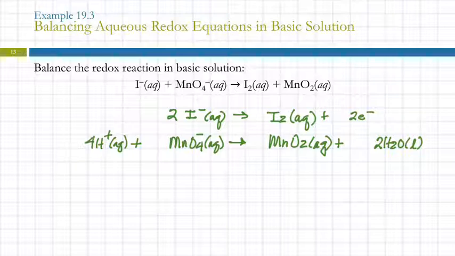So now I've got -2 on both sides. Down here I've got +4 and -1. That's a total of +3. And on the other side it's 0. How do I get a +3 to be a 0? I add 3 electrons. So I've got a total of 0 on each side there.